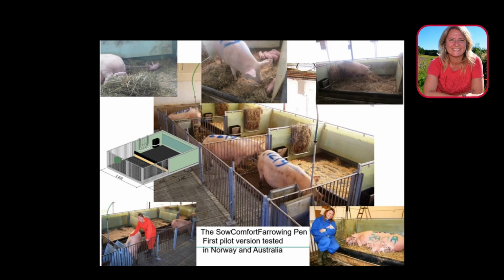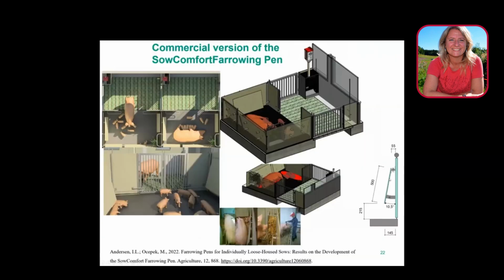And the most controversial part of this pen was that we didn't have any separate creep area, because we wanted to encourage positive interaction between the sow and the piglets. And we tested this first pilot version in Norway and in Australia. And then we have further developed it into a commercial type of pen. And this is the picture from that.